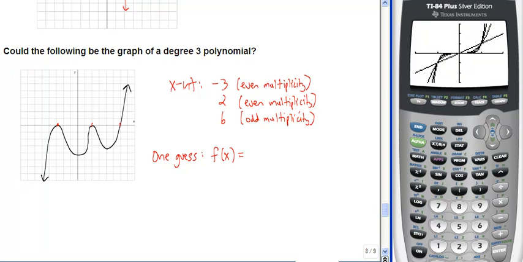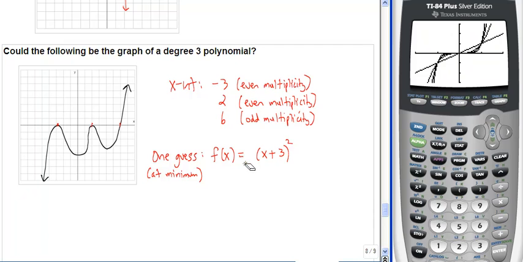Well, if I know that it's supposed to have -3 as a 0 or an x-intercept, then that means it has to have x plus 3 as a factor, but we said it had to have even multiplicity. So at a bare minimum, this would have to have at least a square on it. Maybe higher even if we had something fairly flat. It could be to the 4th or to the 6th.